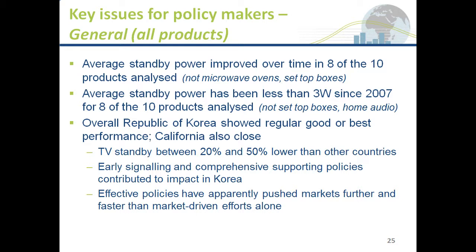The Korean results show a TV standby level between 20 and 50% lower than the other countries, and arguably this could be due to the very comprehensive supporting policies that have been in place there and the early signalling and collaboration with manufacturers to work on this issue. And it does appear that these sorts of policies have been able to push markets further and faster than is evident in the countries where market-driven efforts alone have contributed to the improvements.